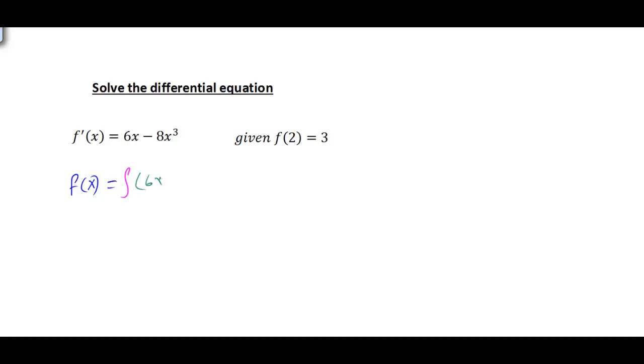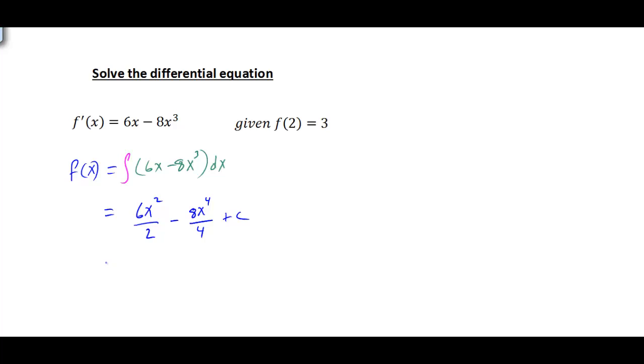And we want to take the integral of 6x minus 8x cubed. And if we do so, we would have 6x squared divided by 2 minus 8x to the 4th divided by 4 plus our constant. And simplifying this, we get 3x squared minus 2x to the 4th plus c.